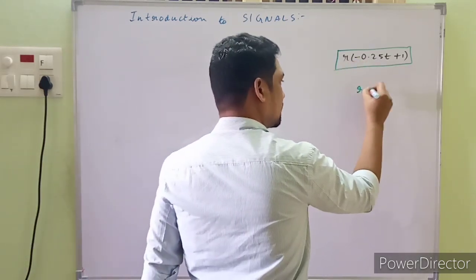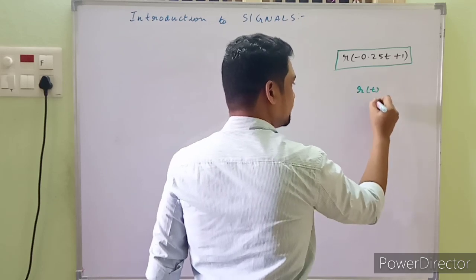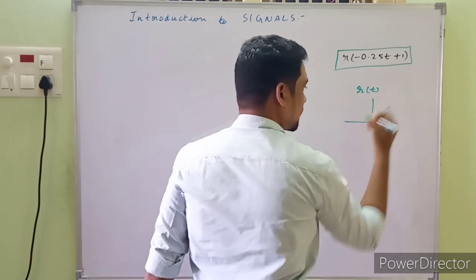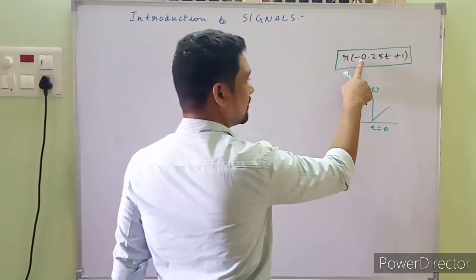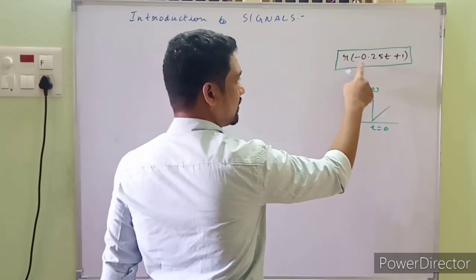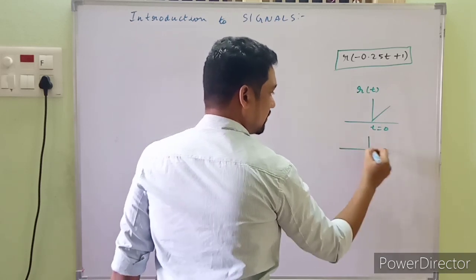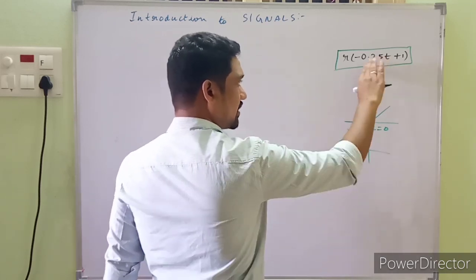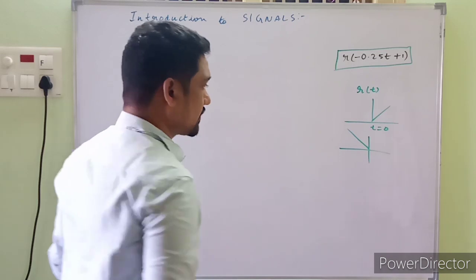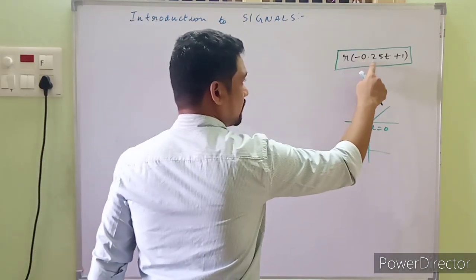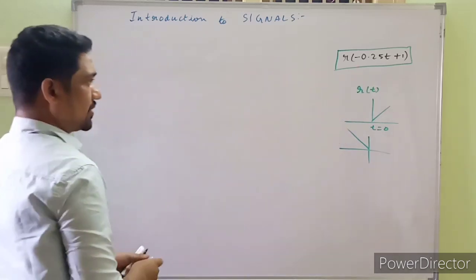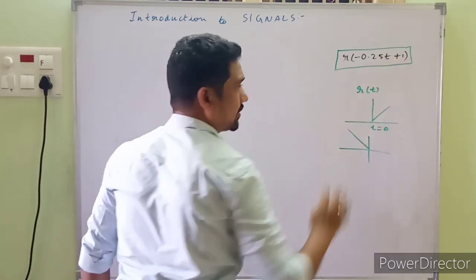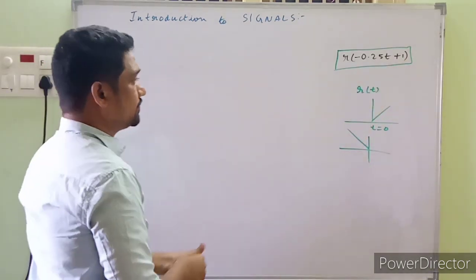Our r of t starts commencing from t equal to 0, like this one. Now we have a negative time, so that signal would start from somewhere else, manipulated. It's 0.25 times negative time, that will be in this quadrant, and we need a shift and an advanced shift over here.